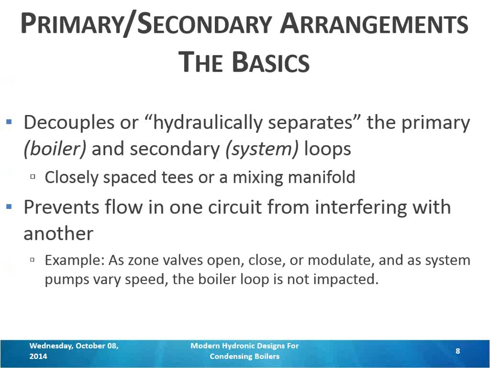So why is this used? Well, it's used to protect the boiler. In a traditional non-condensing boiler, it's used for temperature control primarily, but also flow control. You want to make sure that your return water temperature is high enough in a non-condensing plant so that you're not condensing in that boiler. Flue gas condensate is slightly acidic.